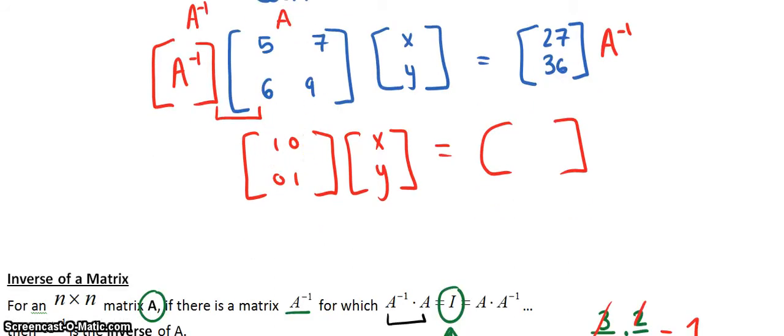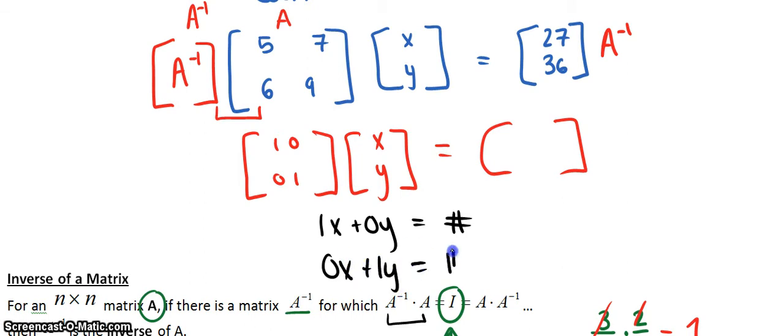The reason this helps is because now, if you multiply these back out, I'll have 1x plus 0y equals some number. In my second row, I'll have 0x plus 1y equals some number. I don't know what these numbers are for this problem right now, but those numbers are going to come from, if I multiply by the inverse over here, I also have to do it over here.